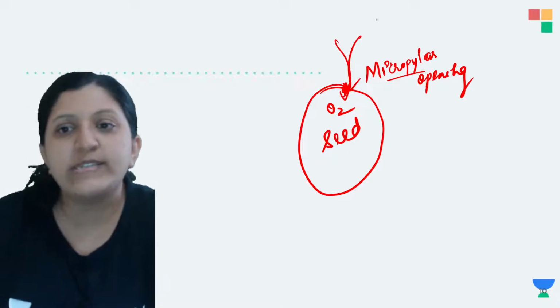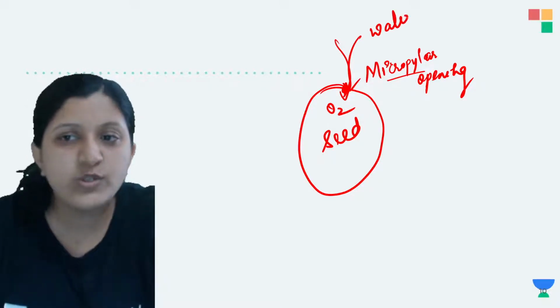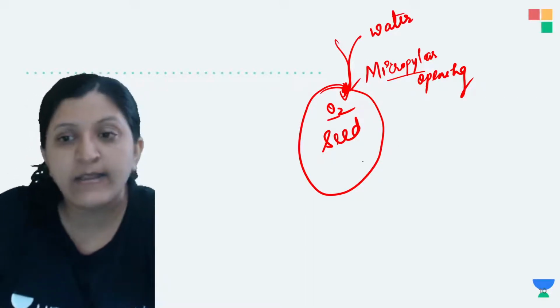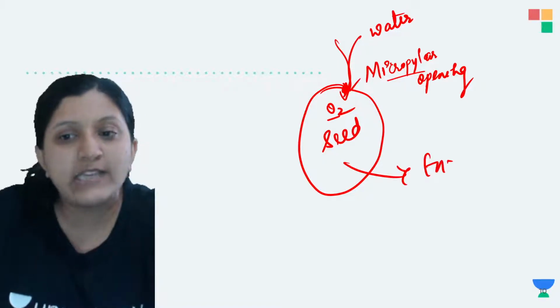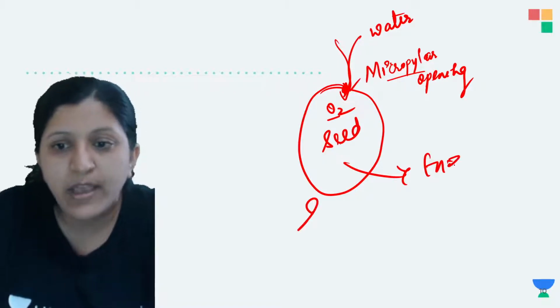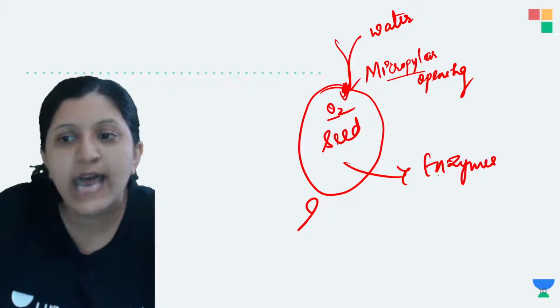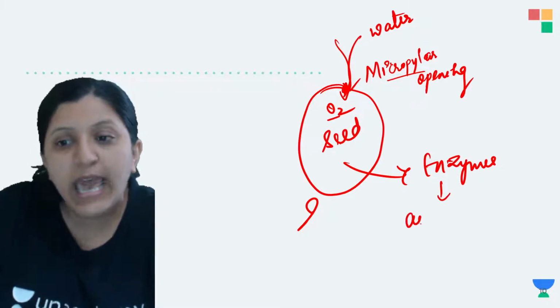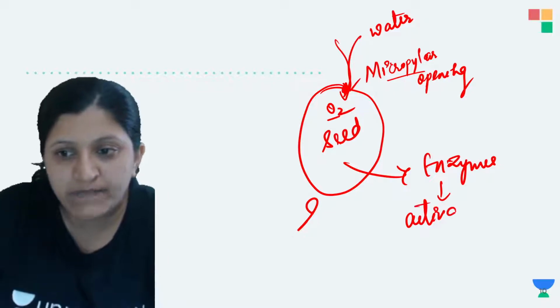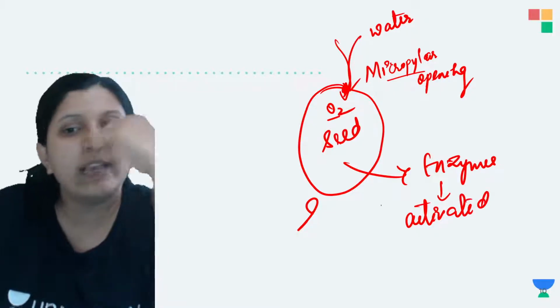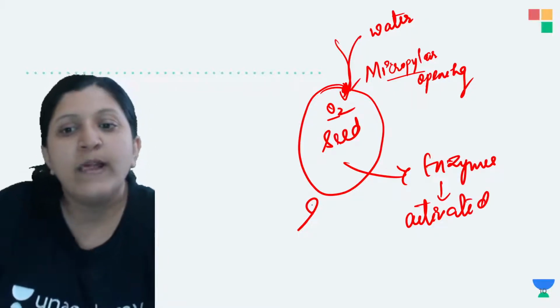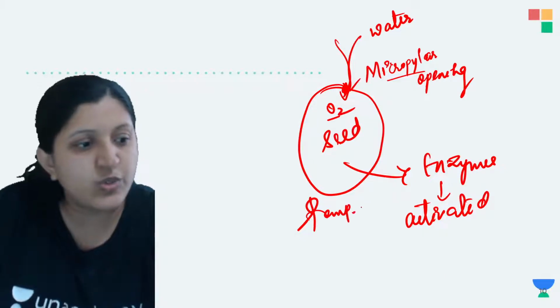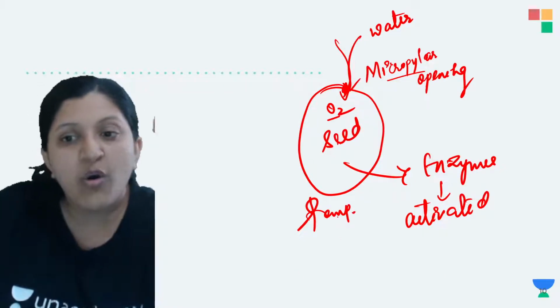Water is taken in and oxygen is taken in. The enzymes inside the seed can get activated once they get enough temperature.